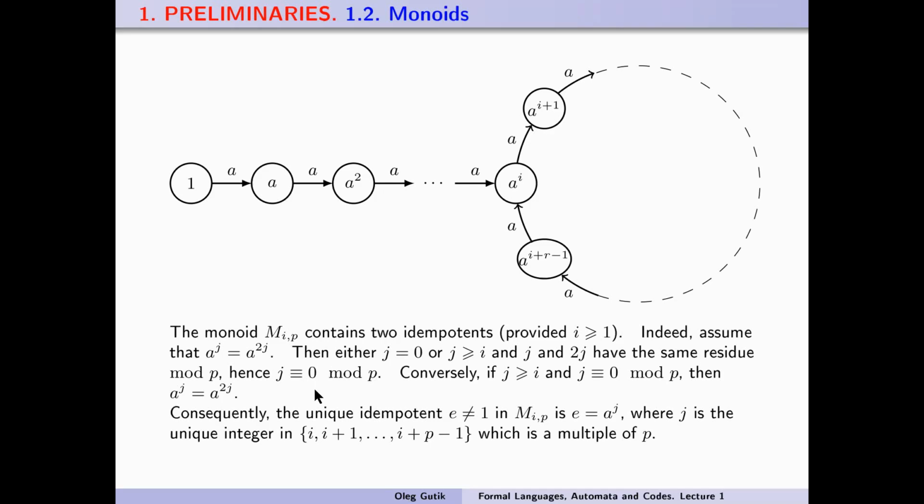Hence the unique idempotent e distinct from the neutral element of the monoid M i,p is e equal to a to the power j, where j is the unique integer in the interval from i to i plus p minus 1 that is a multiple of p.